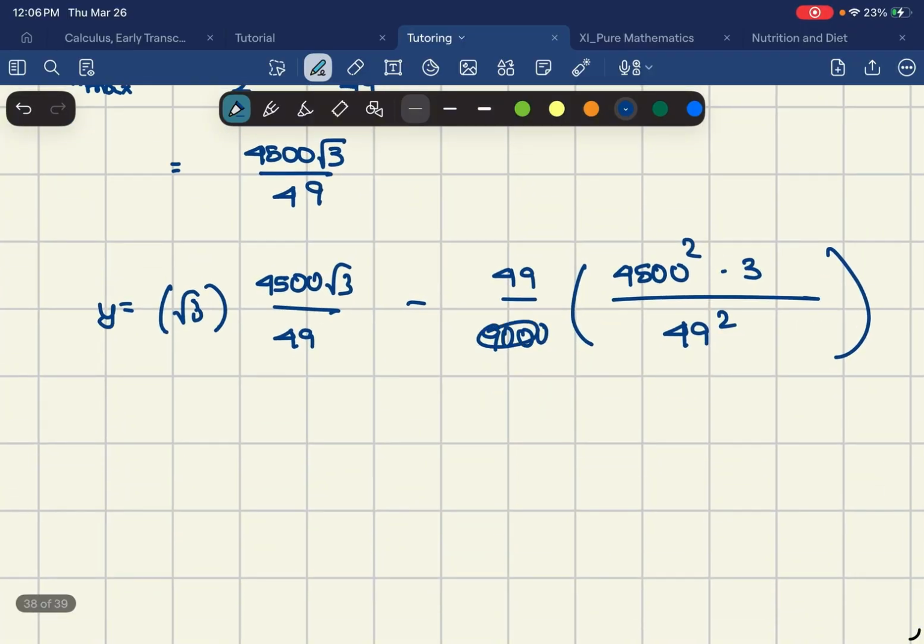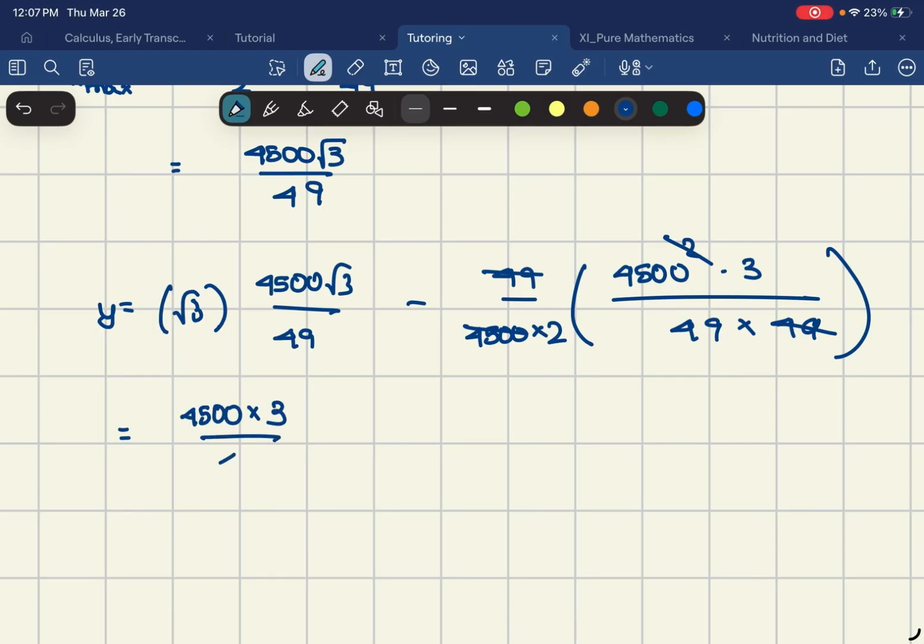Now, 9,000 I can actually write as 4,500 times 2. So this cancels out with 4,500. 49 squared is just 49 times 49, so one of these cancels out with the numerator. Then here I have 4,500 times 3 divided by 49, minus, on my right-hand side, 4,500 times 3 divided by 2 times 49.